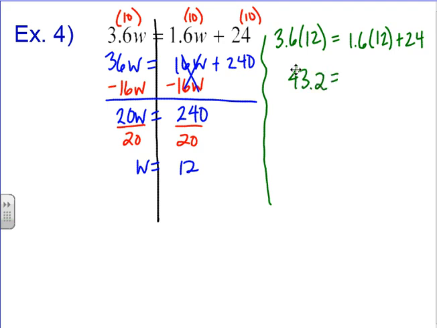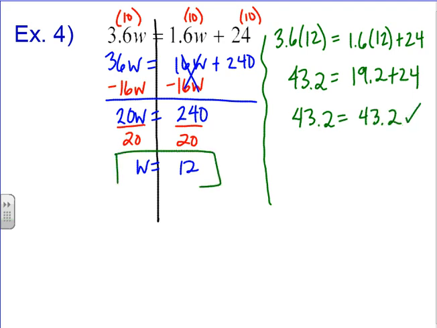And 1.6 times 12 is equal to 19.2. And when we add 19.2 and 24, we do get 43.2, so it does work out. So our answer is w equals 12. So that does work out.